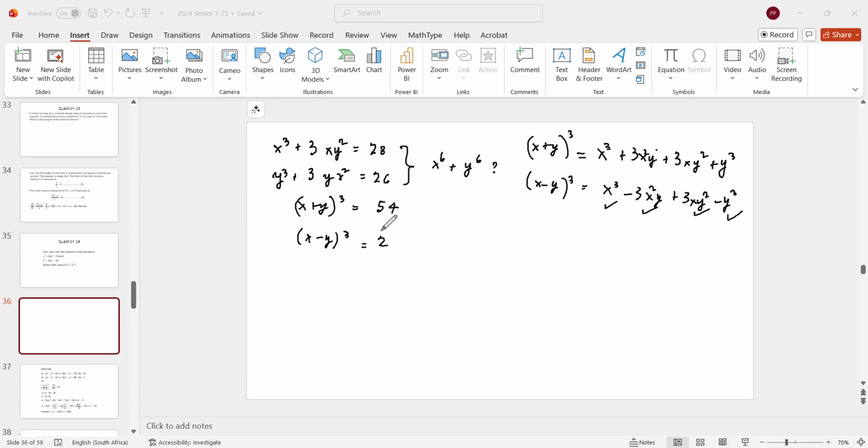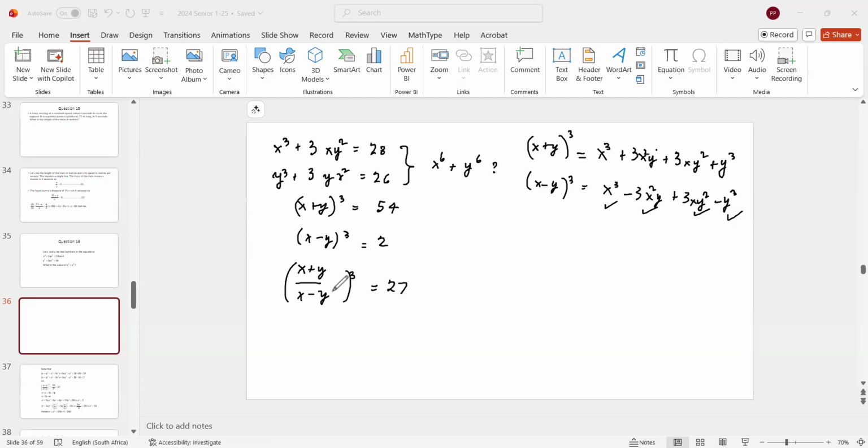And so now we might be able to do something here because you've got two cubes, and 54 over 2, I recognize to be 27, which is 3 cubed. So I'm sure that'll help. If you put x plus y over x minus y all cubed, you will get 54 over 2, which is 27.